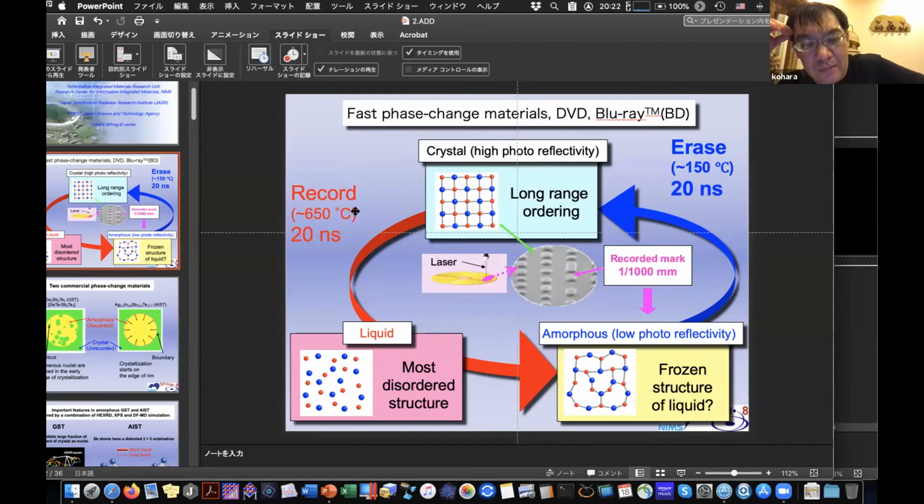Did you try to estimate temperature and pressure in this particular region? Only temperature. The Panasonic people calculated temperature, and they confirmed it is surely greater than the melting point. They concluded, but not pressure.